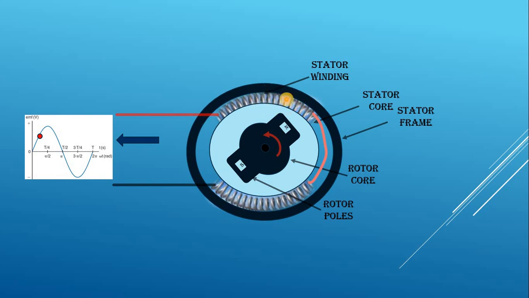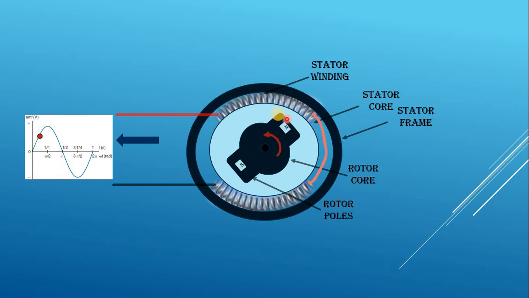Induced EMF will also increase, because based on Faraday's law, when the flux linking with the coil changes, EMF is induced and the magnitude of induced EMF is proportional to the rate of change of flux. So the magnitude of induced EMF is increasing along this sinusoidal curve.